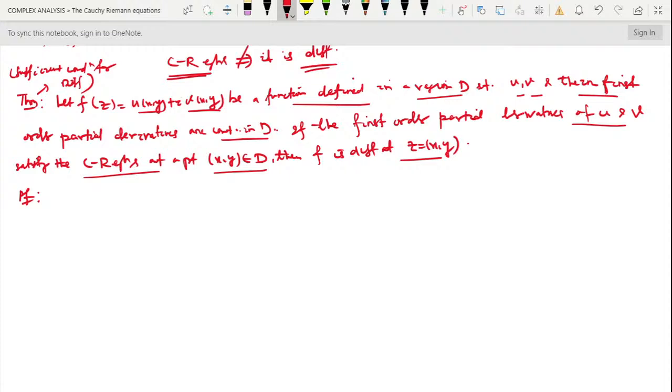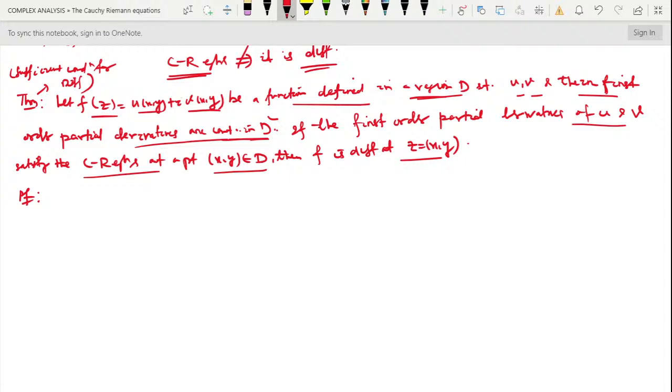Given that f of z is defined in a region D, and the first order partial derivatives of u and v are continuous in D, it means they are continuous at any point xy.